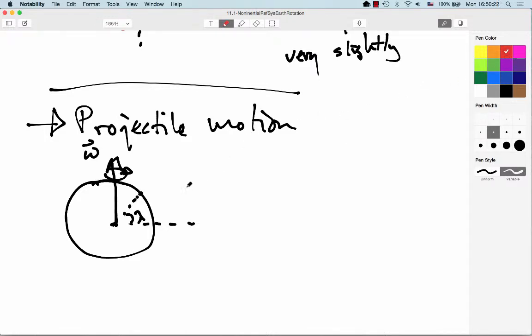Okay, now our choice of coordinate system that we'll want is we want our K prime, so our z-axis, we want it to point such that g is equal to minus g times K prime. So perpendicular to the surface of the Earth.